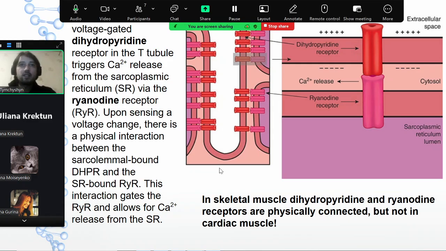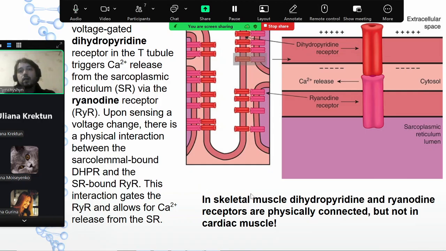Upon sensing a voltage change, there is a physical interaction between the sarcolemmal-bound dihydropyridine receptor and the sarcoplasmic reticulum-bound ryanodine receptor. And this interaction gates the ryanodine receptor and allows for the calcium ion release from the sarcoplasmic reticulum.